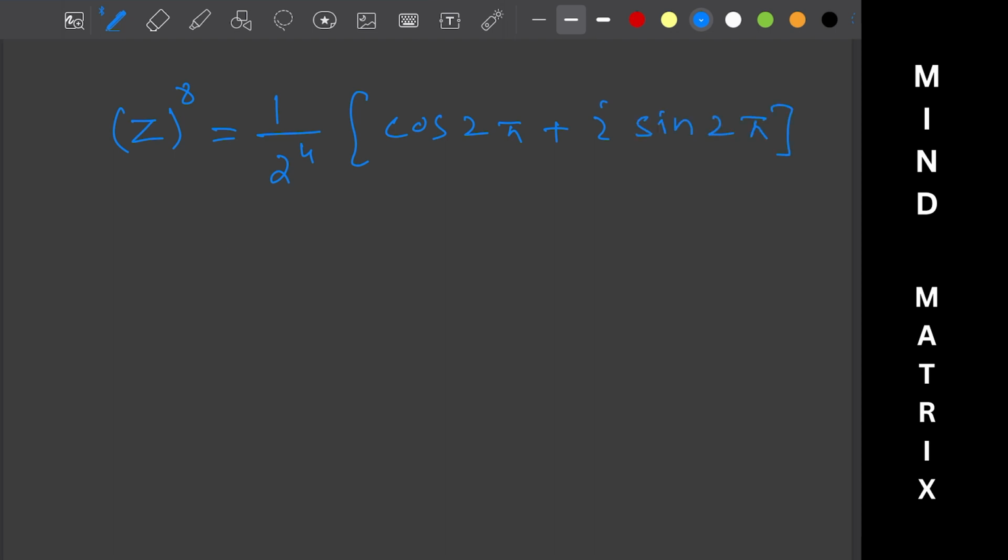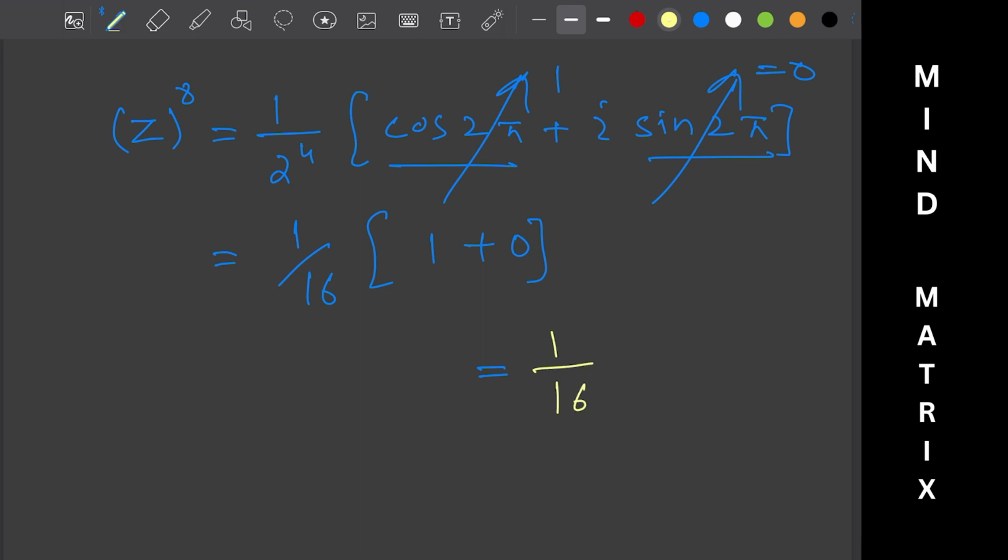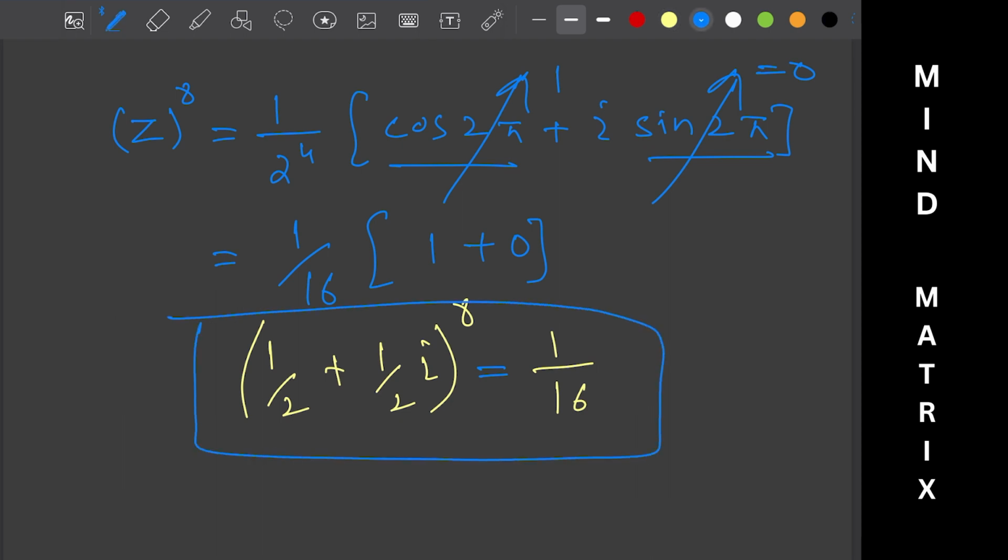When we solve this, we have 1 over 16. The value of cos 2π is equal to 1, and the value of sin 2π is equal to 0. So 1 plus 0. So now we have the answer as 1 over 16. So (1/2 + 1/2 i)^8 has the solution 1 over 16. This is the required solution.